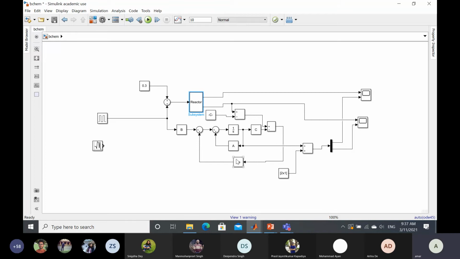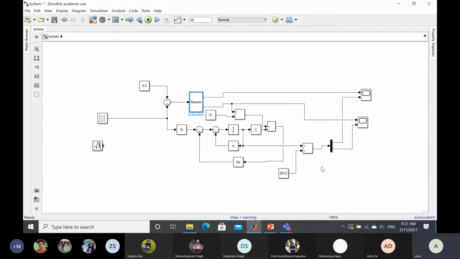So Y minus CX multiplied by KE plus B into U gives X dot, which is AX plus BU plus KE into Y minus CX. Then I am integrating this to get the X, and then I'm multiplying with C to get the Y bar. So Y bar minus Y will be these expressions.